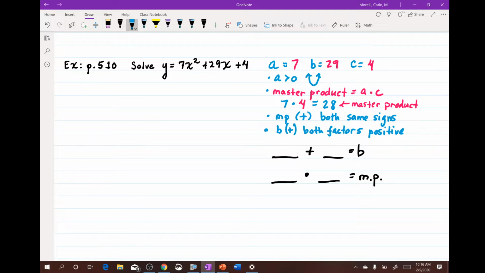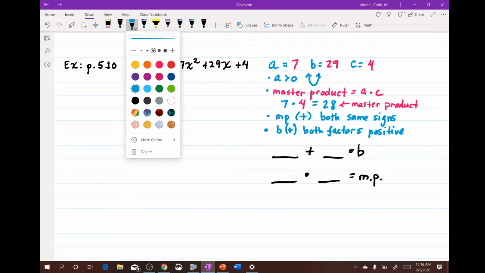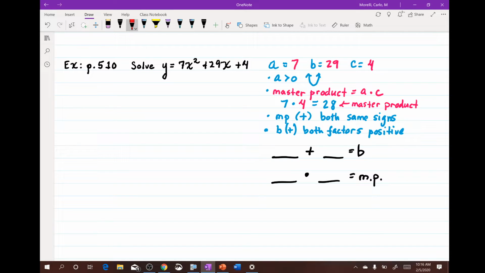What was B again? 29. And what was the master product again? 28. Okay. So we're trying to find two numbers that add to be 29 and multiply to be 28. What are they? Come on. It's easy. Don't overthink it.